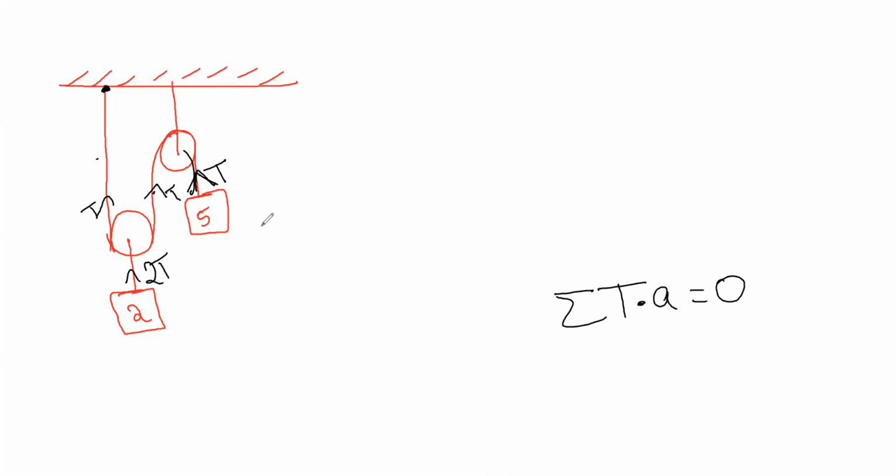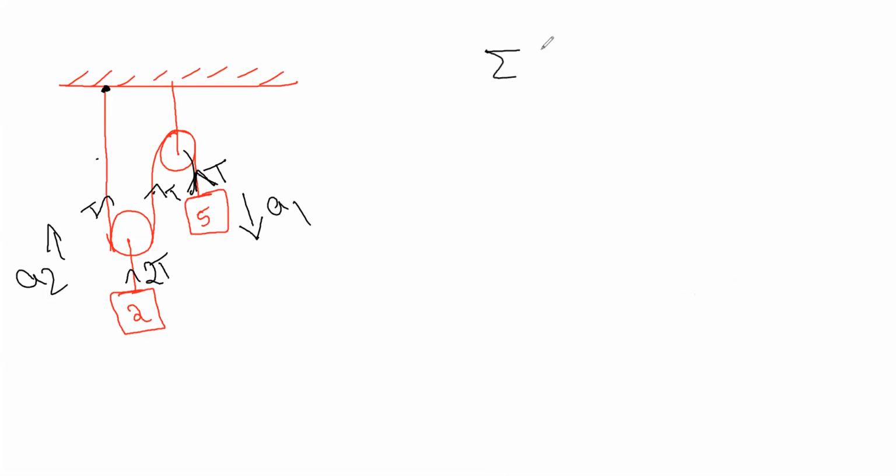Now we need acceleration. So let us suppose your down is A1, up is A2. Now we will use the same summation of T dot A equals to 0. So first T1, that is T itself upwards, right?